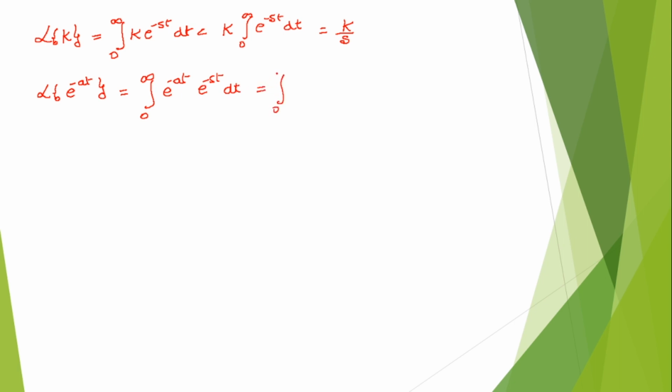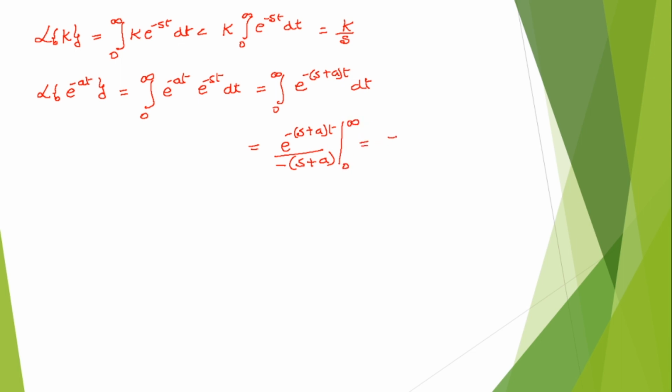So this is 0 to infinity e to the power minus s plus a into t dt. So it becomes e to the power minus s plus a into t, because integration with respect to time is e to the power minus s plus a t by minus s plus a, in the interval 0 to infinity.